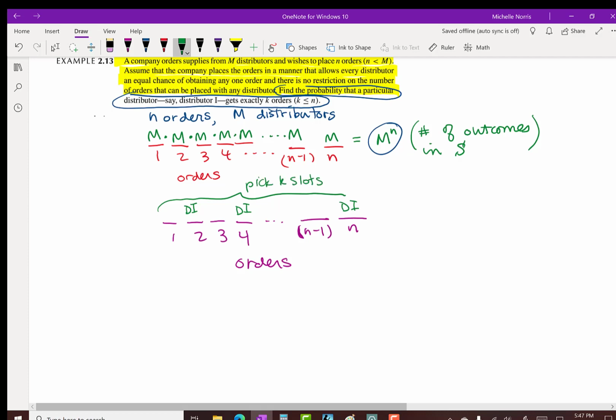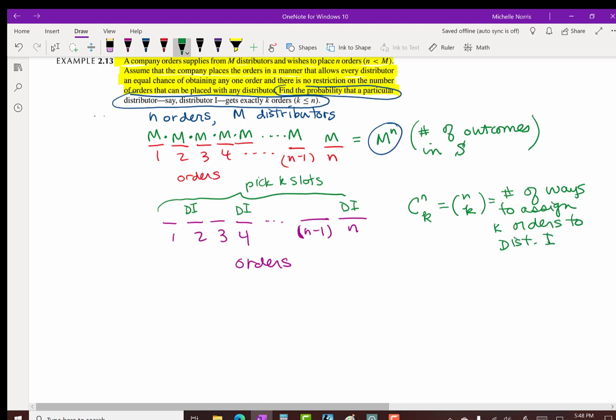The order that you pick them in isn't going to generate a different assignment of K orders to distributor 1, so this is a combination. N choose K is the number of ways to assign K orders to distributor 1.